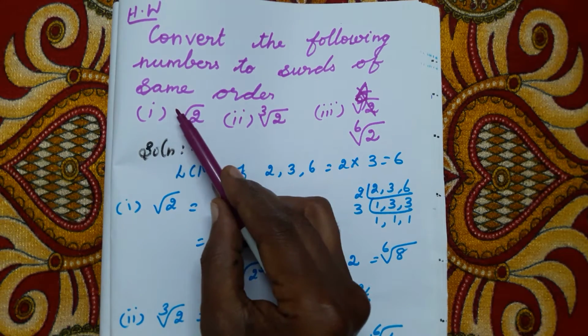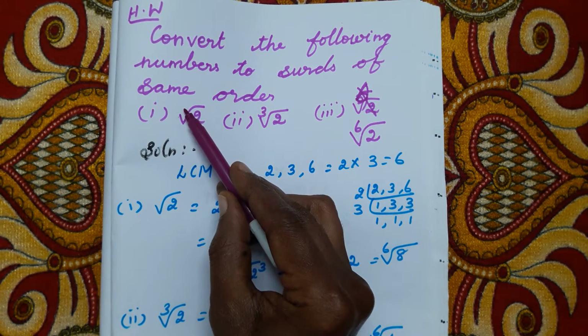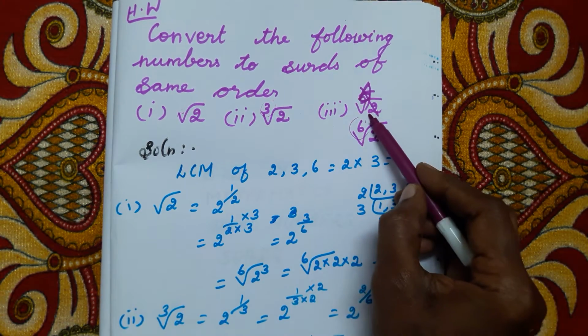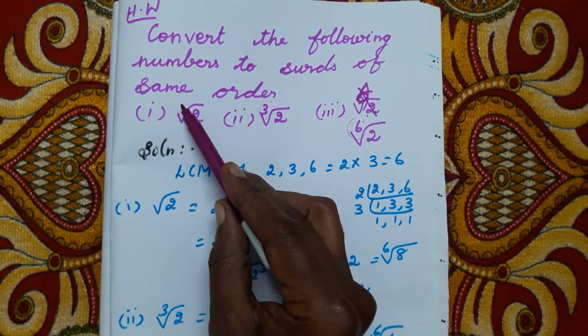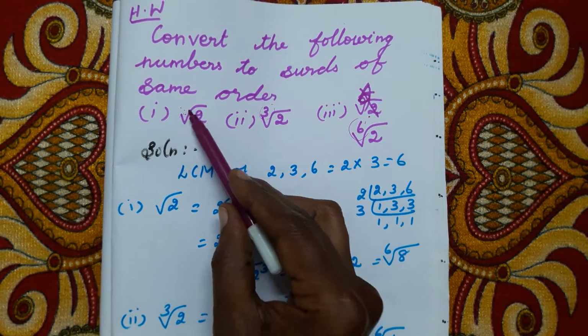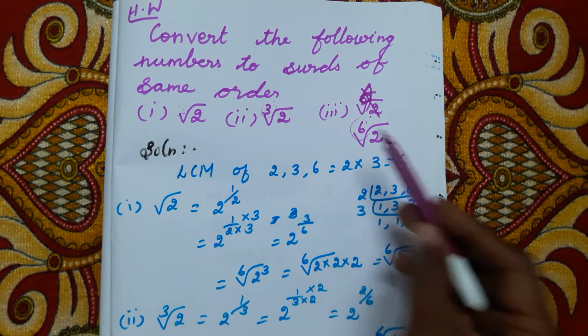First, we have to see the order. What is the order here? 2. Here the order is 3. Here the order is 6. We have to find the LCM of the orders: LCM of 2, 3, 6.